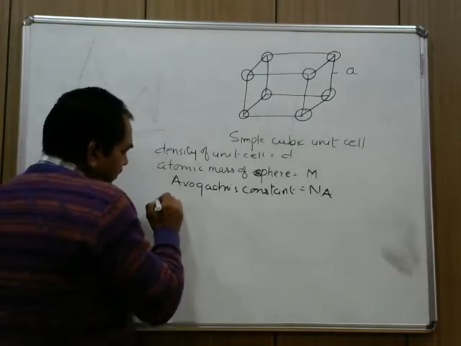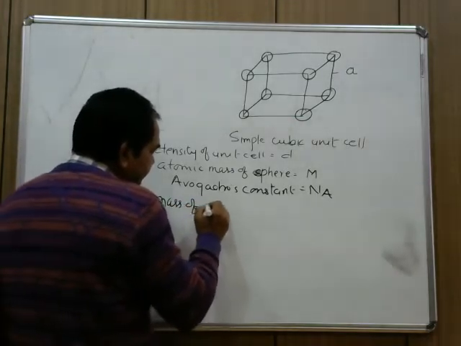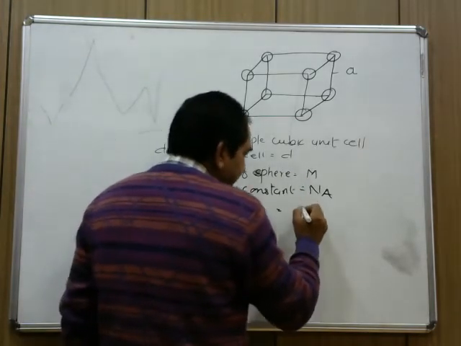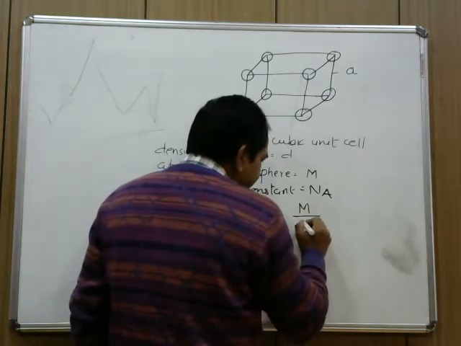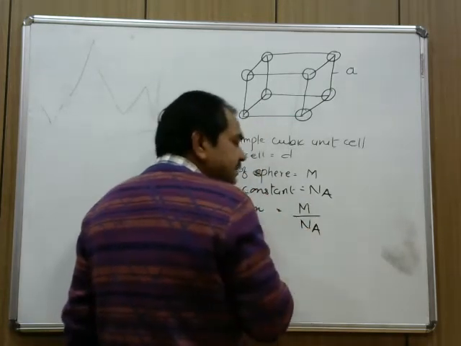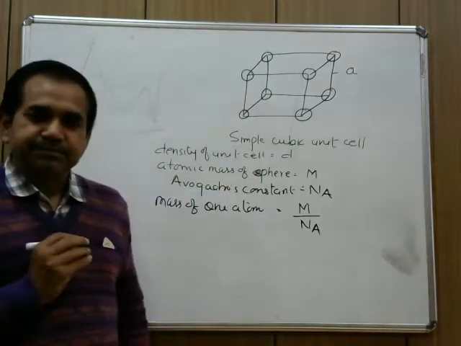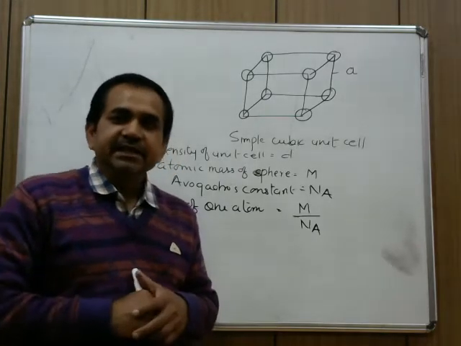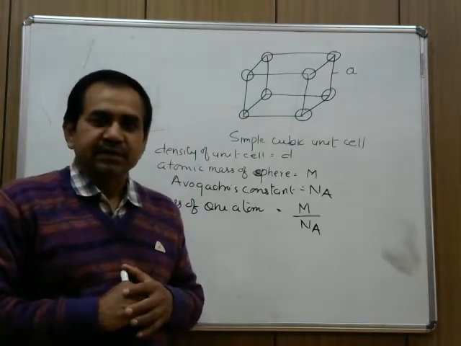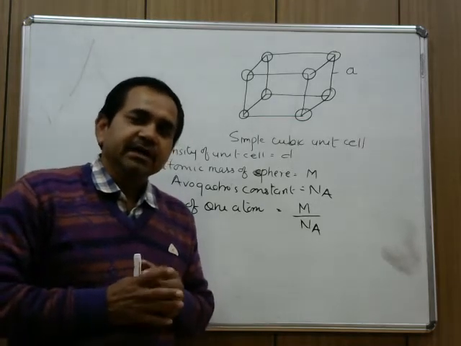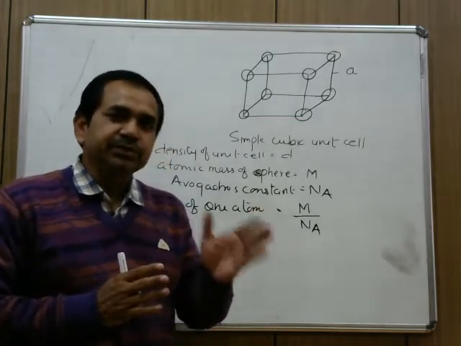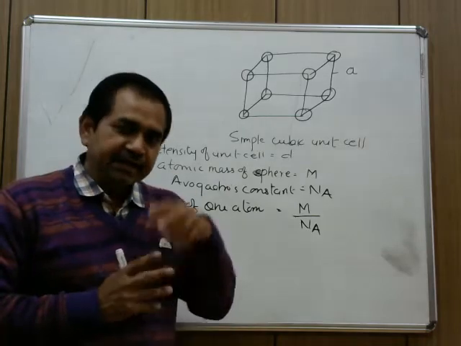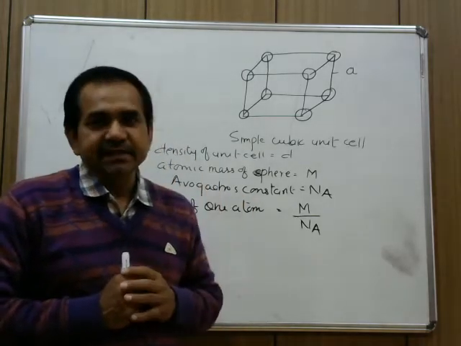So mass of one atom is given by atomic mass M upon Avogadro's number Na. Is that clear? This we have already studied in our class 11th, that Avogadro number refers to the 6.022 into 10 to the power 23 particles, and mass of 1 mole of that atom.